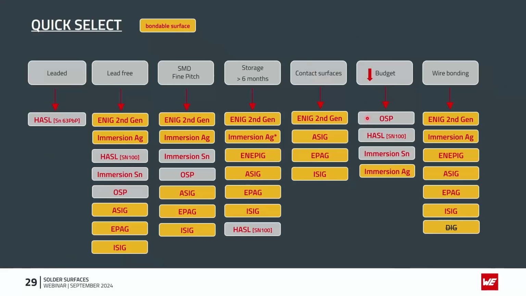We have OSP, we have hot air solder leveling, but that needs to meet all the other requirements, of course. We have the possibility of immersion tin or immersion silver. So this is an approach to give you some ideas for a quick select, but of course you have to dive much deeper into the subject to find the best fitting solder surface.